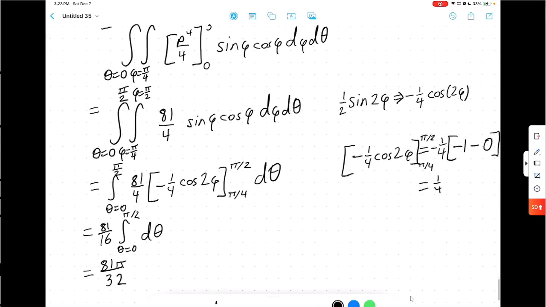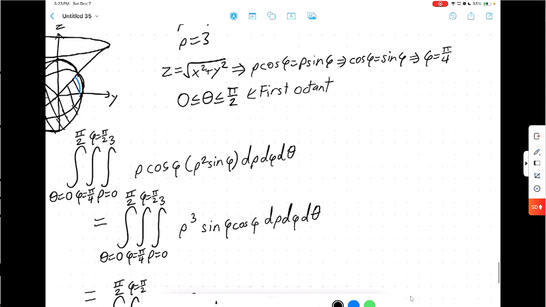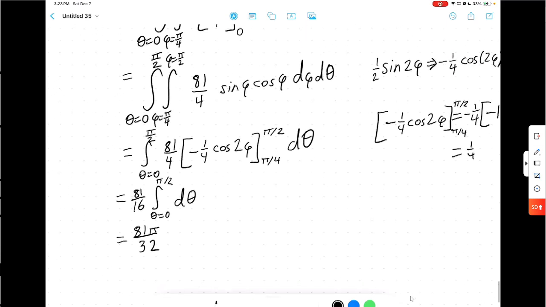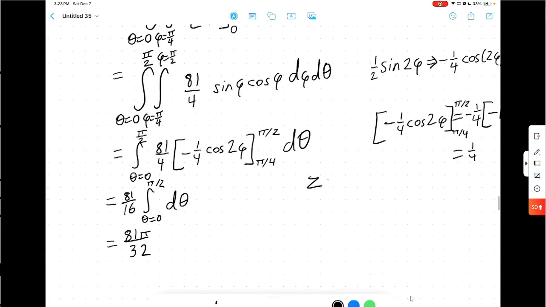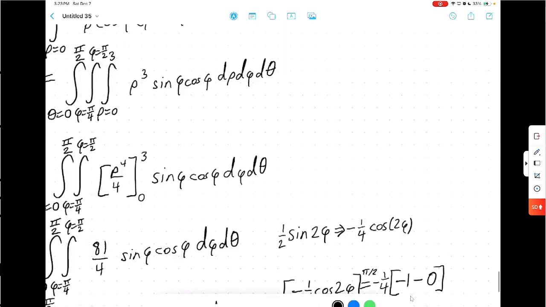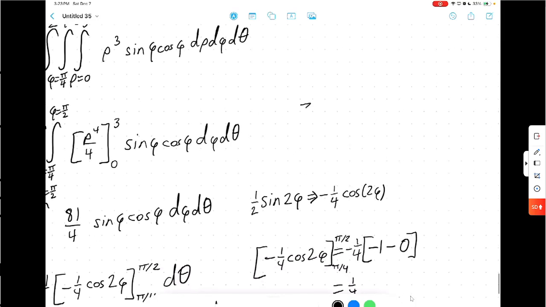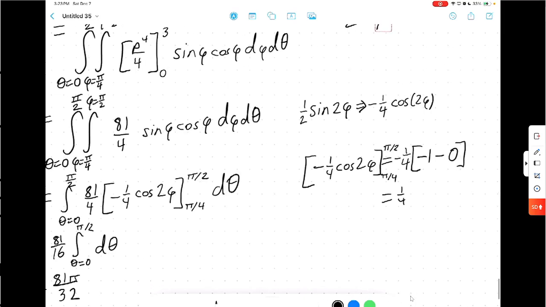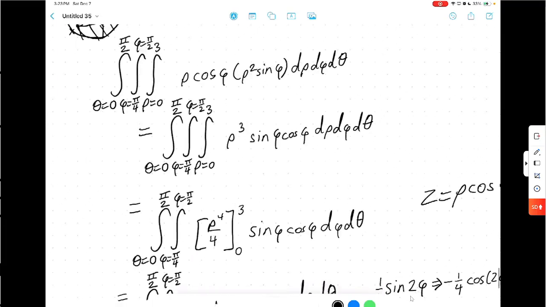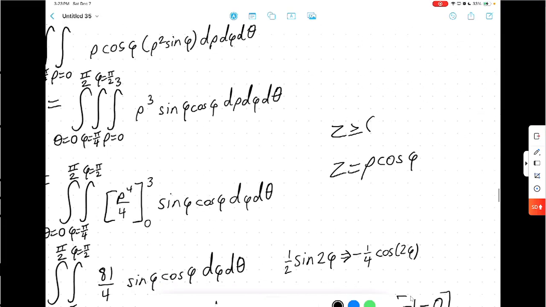Can you explain the process of converting z to phi? Converting z to phi? Yeah. Okay, so z is equal to rho cosine phi. And the way we got the phi bounds here was we used the fact that it was in the first octant, so z was bigger than or equal to 0.